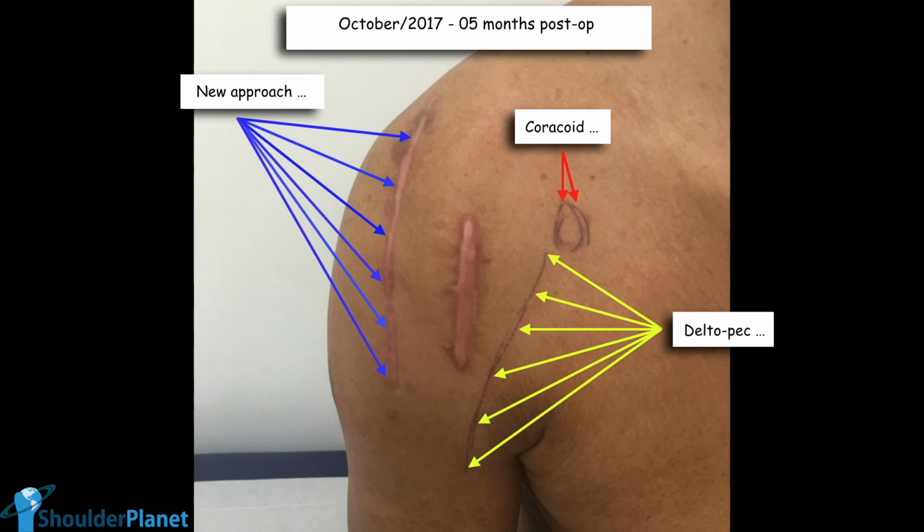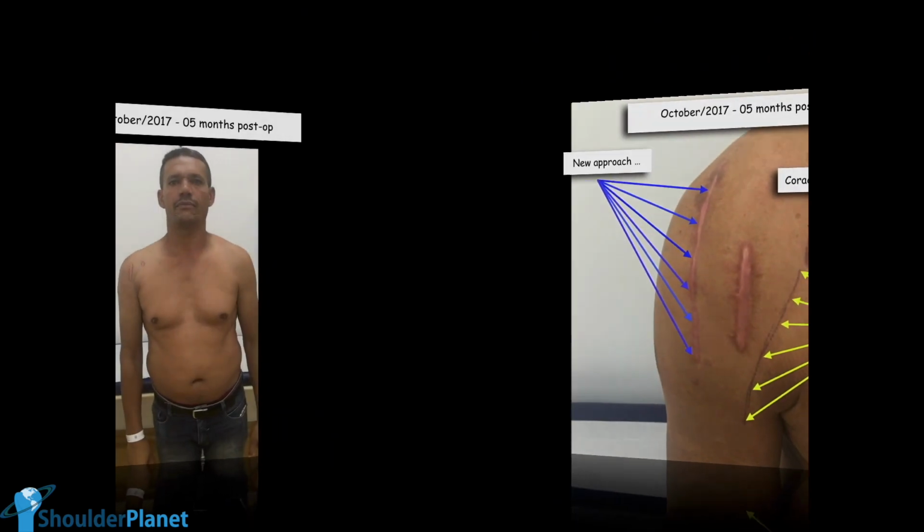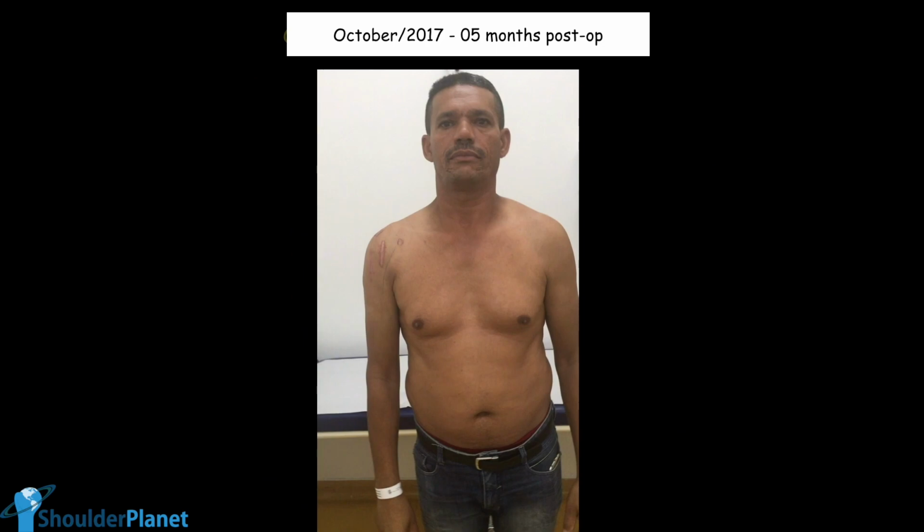So in the end, the first surgeon, to the best of my understanding, didn't know exactly what he was doing at all, because it was not a deltopectoral, not an anterolateral approach. It's, to the best of my understanding, a non-existing approach, and a completely bad surgery that was done 1 year before. So this is the patient 5 months post-op.